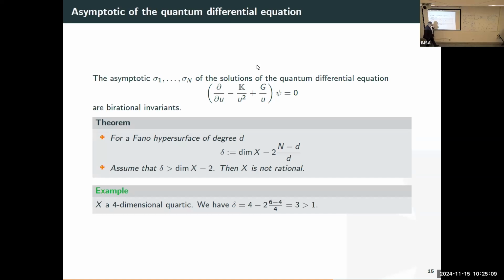So you get 4 minus 3, so 2 minus 2 is 0. So strangely enough, the generic two-dimensional cubic over the complex numbers is rational.